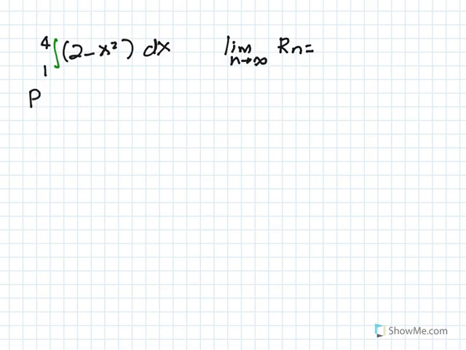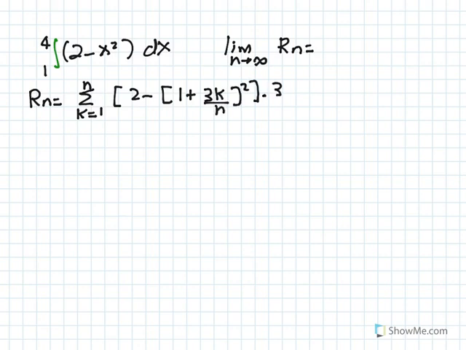All right, so Rn is the right-hand Riemann sum. That's equal to the sum, k goes from 1 to n, of 2 minus the quantity 1 plus 3k over n squared, times 3 over n. We need to do a lot of algebra on this, but before doing that, we need some tools first. We know the summation of 1, k goes from 1 to n, is equal to n.